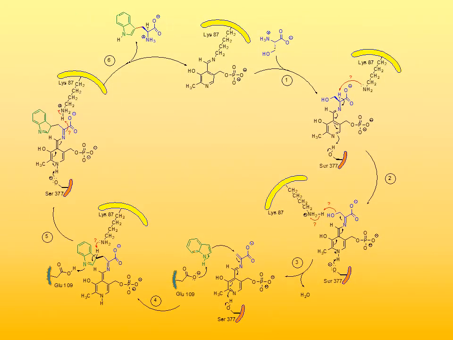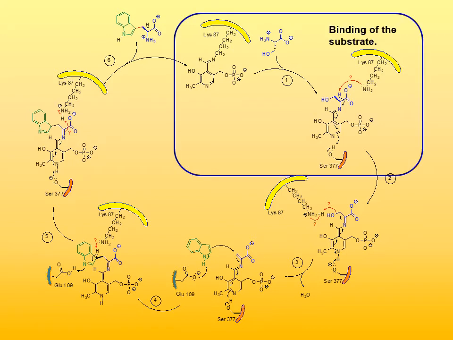So here is the mechanism of biosynthesis of tryptophan. The first step involves binding of the substrate, and it means binding of serine to the active site of the enzyme. That binding involves exchange of the lysine 87 side chain for a molecule of serine.